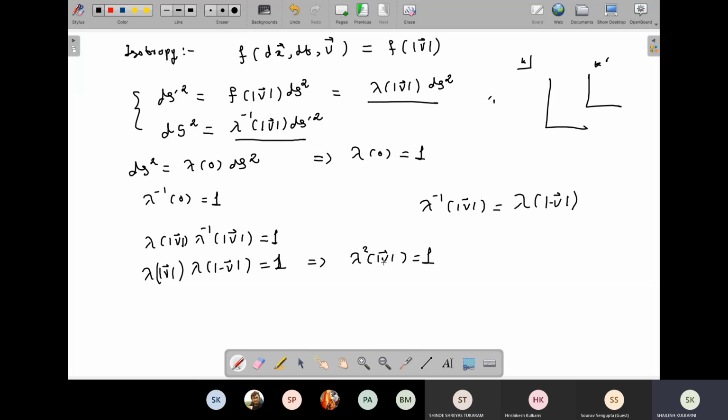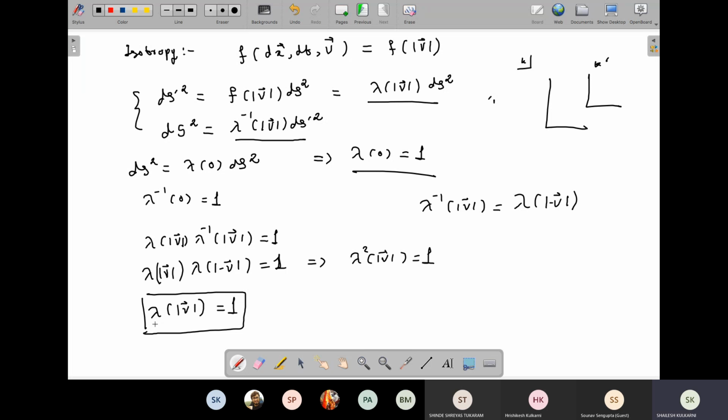But then I have lambda equal to plus 1 or minus 1. But minus 1 is overruled because of this. So lambda of mod v must be equal to 1 only. Agree?